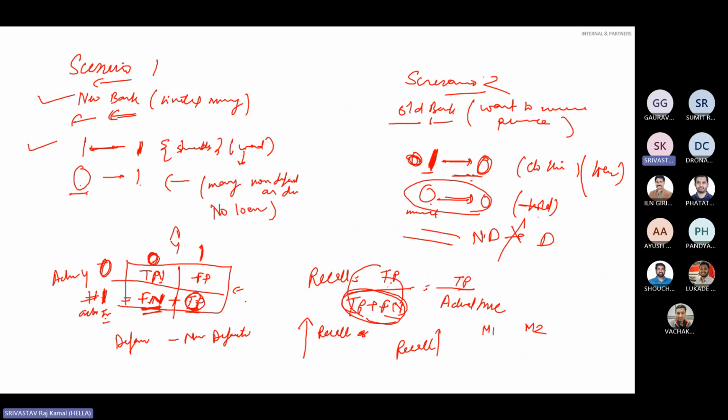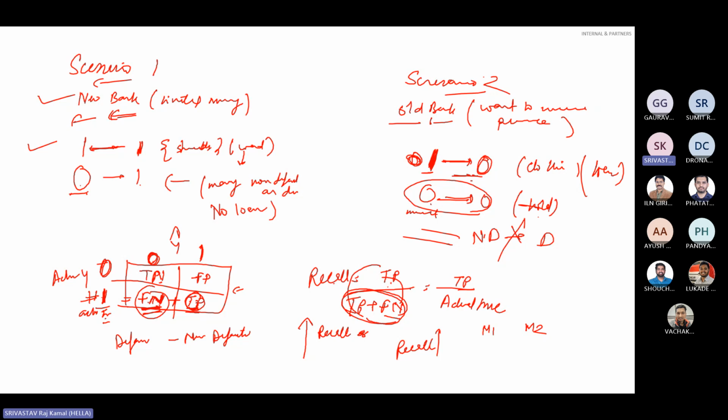We have to align our business objective and convert that into very layman terms, what they want. If the business objective says to use the metric such that your false negative should be lesser, it means your model should not ignore any defaulter as non-defaulter. Therefore I want to reduce the false negative, because I want to reduce this denominator.